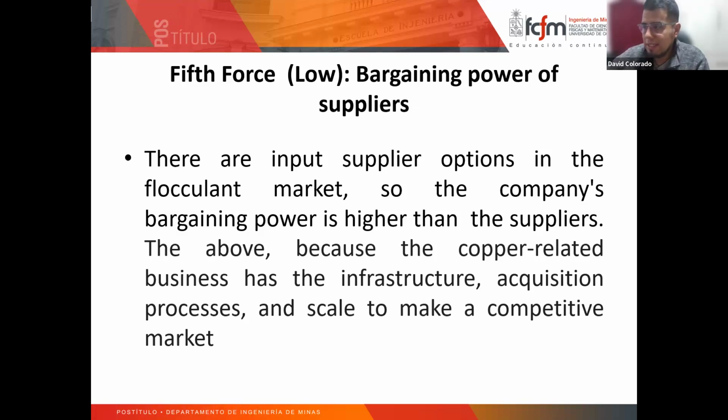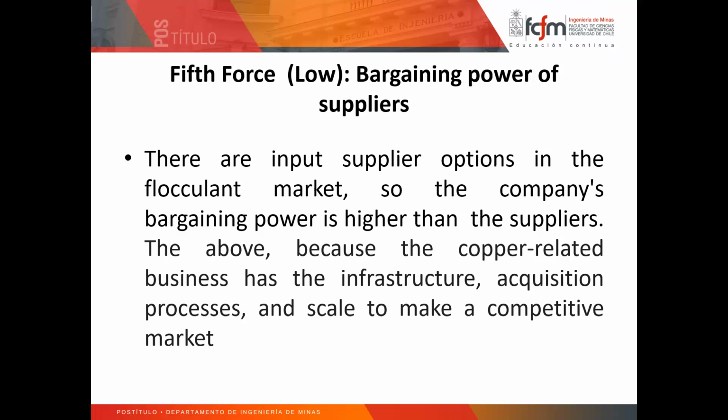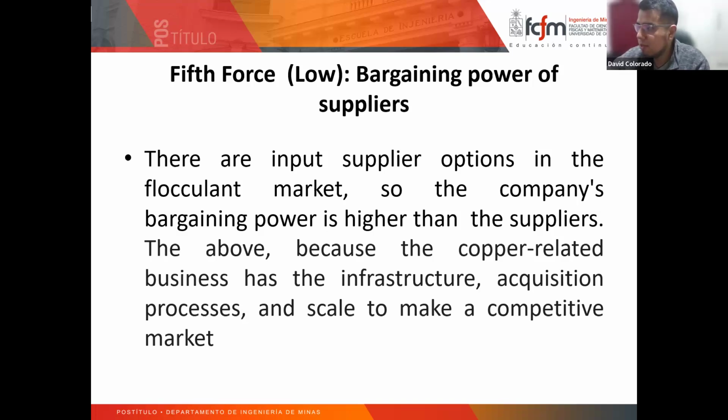That is, the availability of alternatives for key inputs for the production and processing of molybdenum allows the company to have supply options which favor its negotiation. Next slide, Roderick.